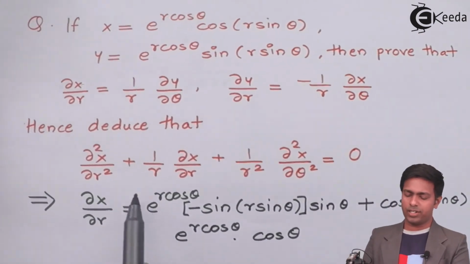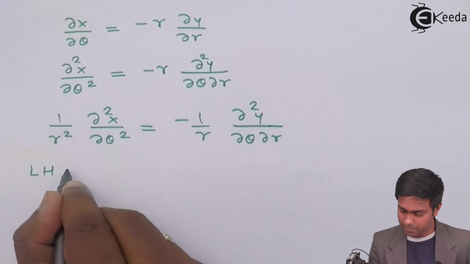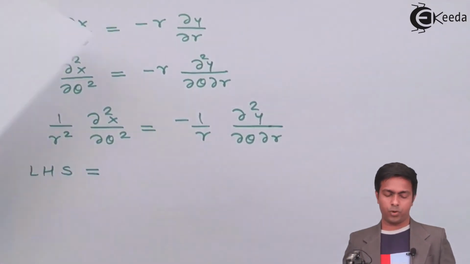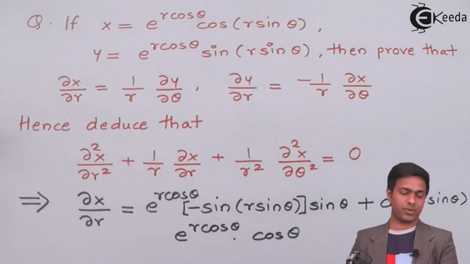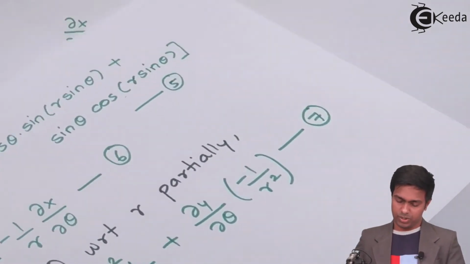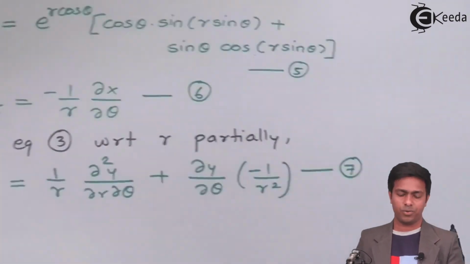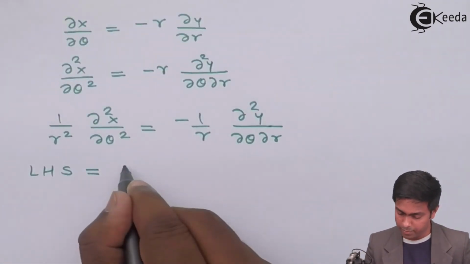So now let's put all these values in the LHS and let's see what we get. In the LHS, first we have to put the value of del square x by del r square. Its value is equation number 7. I'll put this value, so that will become 1 by r del square y by del r del theta minus 1 upon r square del y by del theta.